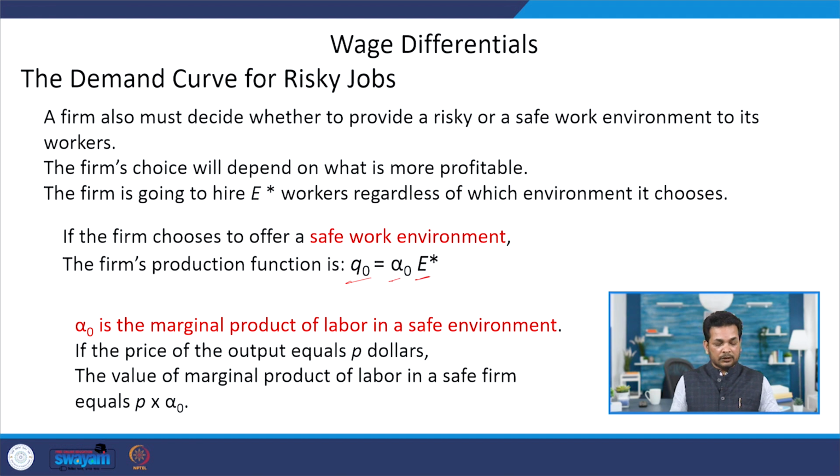Here alpha 0 is the marginal product of labor in the safe environment and E star is the number of employment. So, if the price of the output equals P dollars, the value of marginal product of labor in the safe environment will be P into alpha 0.